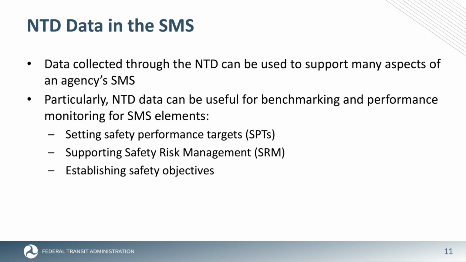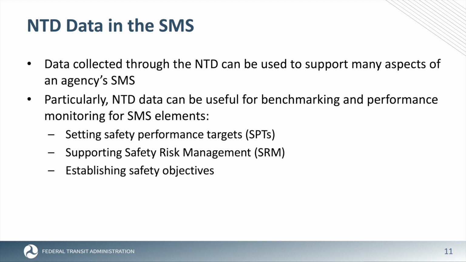NTD data can be especially useful for agencies when we think of activities like benchmarking and performance monitoring. These things can help a wide range of elements of your agency's safety management system. Some specific activities that jump to the front are things like setting safety performance targets, or SPTs.